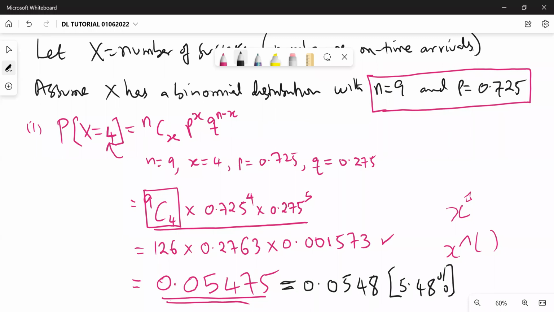So we're talking about a 5.48% chance that exactly 4 of the 9 flights will arrive on time. We prefer to have 4 decimal places so that in case you want to convert to percentage, you can have the percent in 2 decimal places.